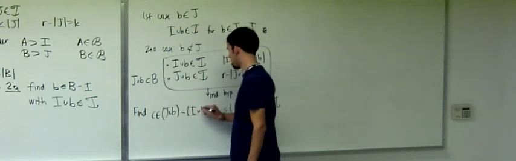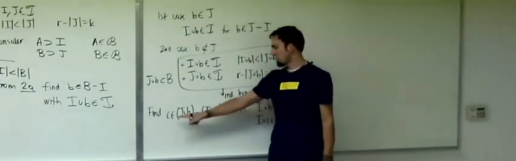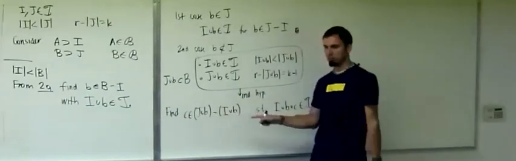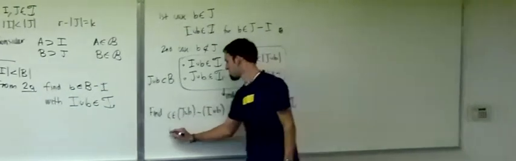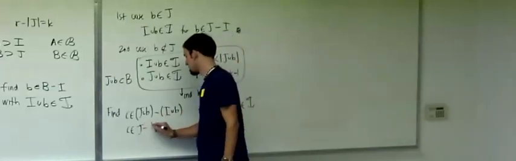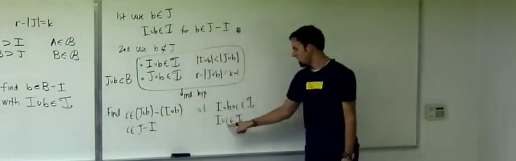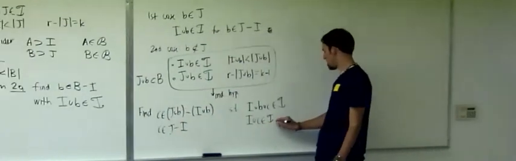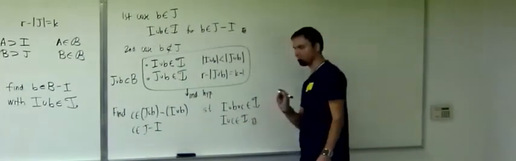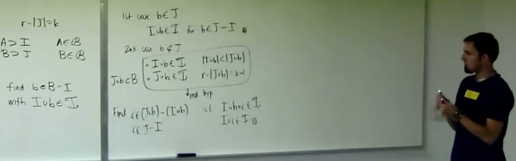So it can't be b. Yeah. So it really has to be, I mean, J union b minus I union b is just J minus I. So I found c in J minus I such that I union c is in I. And that's the proof. So that was the induction step.